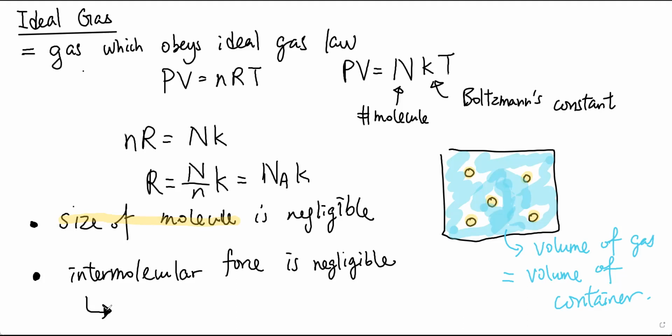Intermolecular force actually relates to one kind of energy, that is the potential energy. Think about when water boils, it changes state from liquid to gas. You need to break the bonding between the molecules.